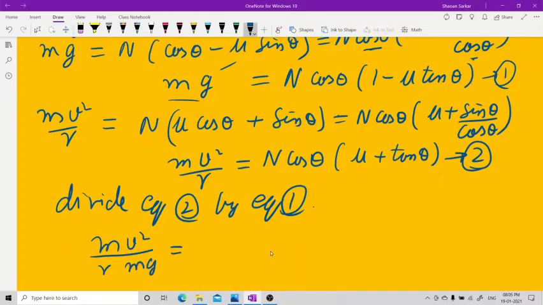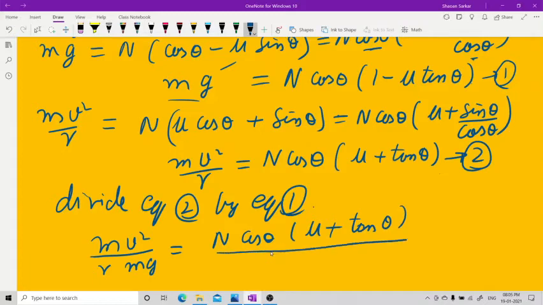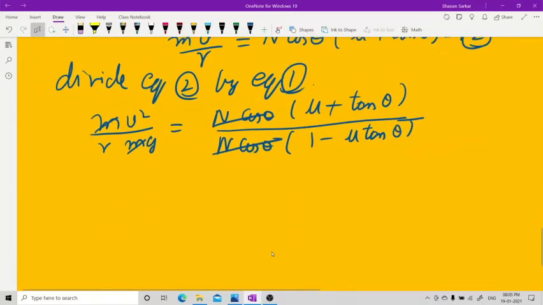This is equal to n cos theta, then you have mu plus tan theta on the top, and then n cos theta (1 minus mu tan theta). The n cos theta cancels out.